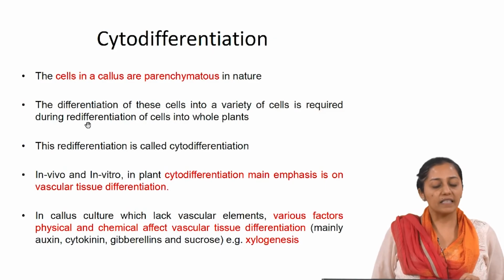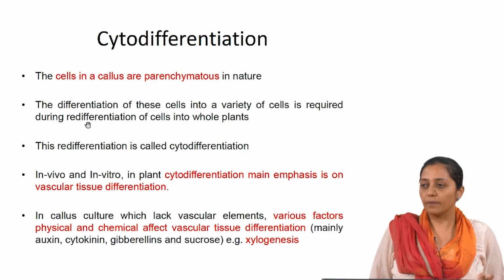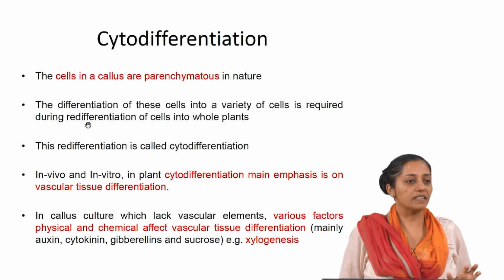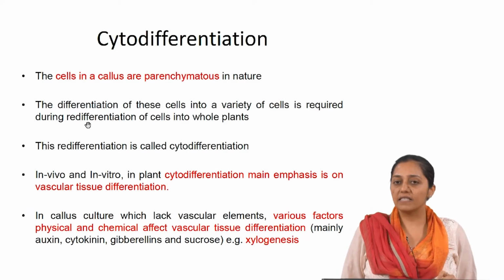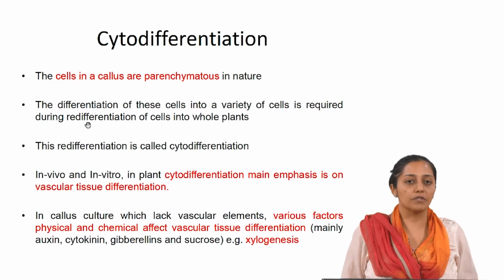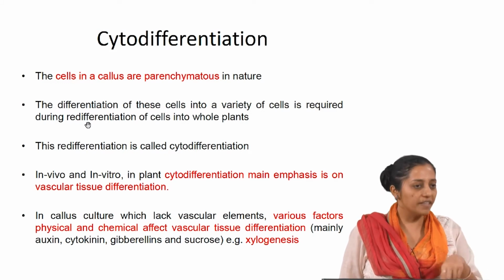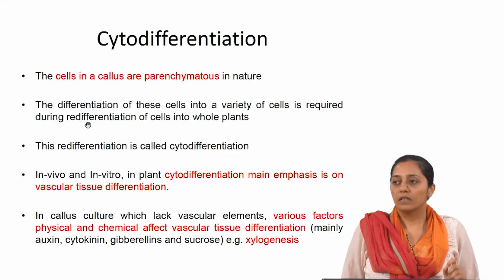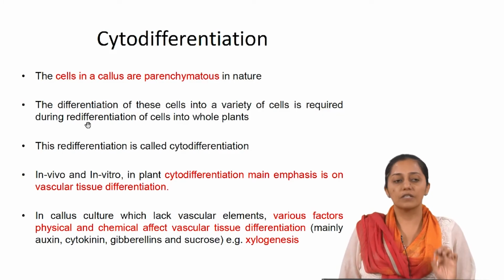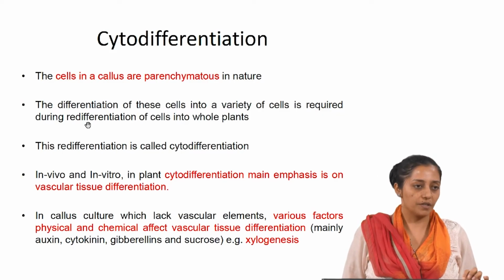The cells in a callus, we know, are parenchymatous in nature, which means generally all these cells are parenchyma cells. The differentiation of these cells to a variety of other forms of cells needs the cells to be redifferentiated. Redifferentiation stage 1 is called cytodifferentiation.